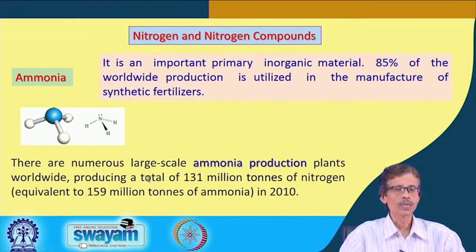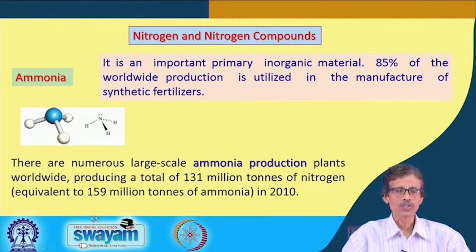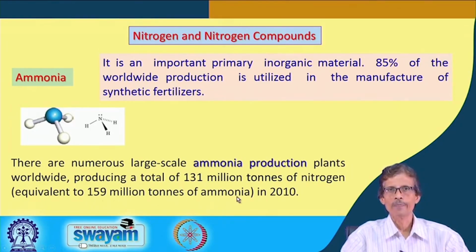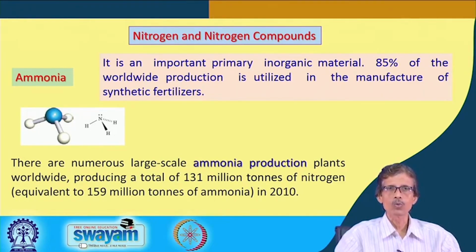We know that there are numerous large scale production plants, and data from 2010 tells us that a total amount of 131 million tons of nitrogen is utilized for the production of an equivalent amount which is equal to 159 million tons of ammonia. So, that is a very good achievement in how we can utilize the nitrogen. Nitrogen is required for our fertilizer, nitrogen is required for our protein molecules, and nitrogen is required for our food material also.